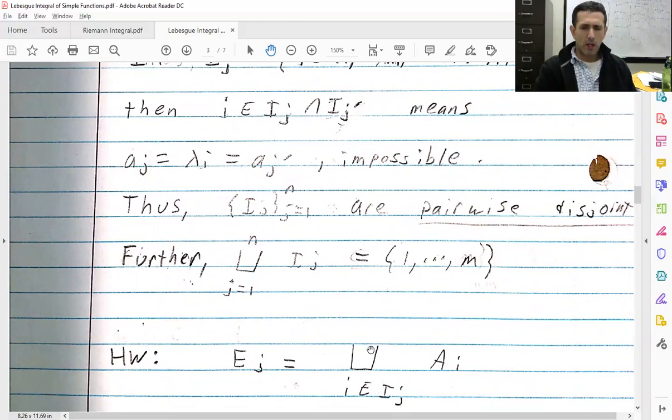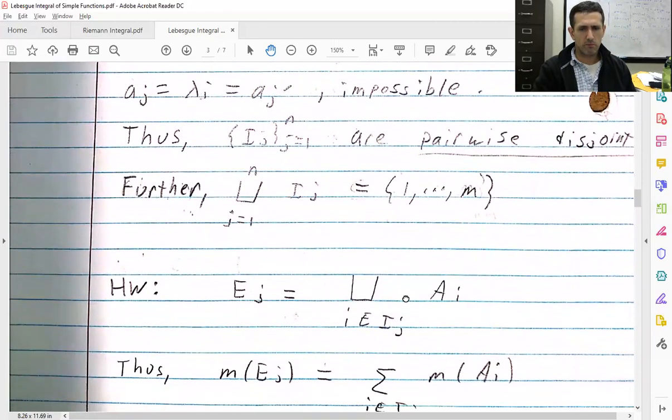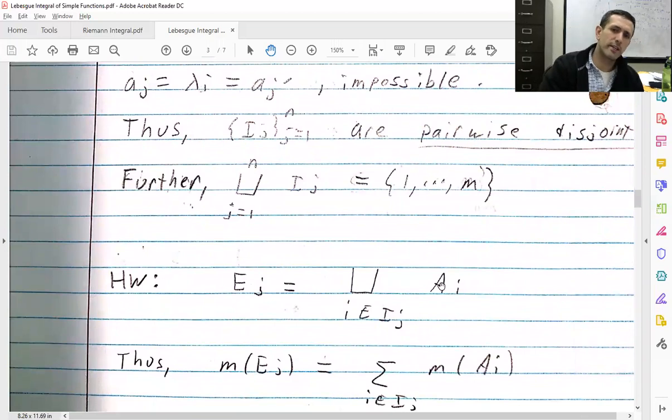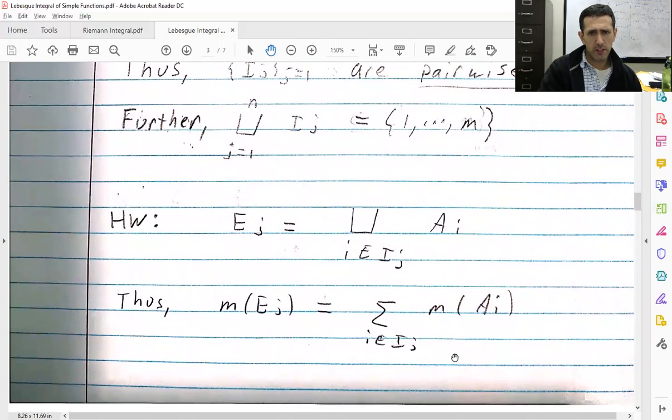If this is true, then remember the assumption is that the A_i's are measurable. They're disjoint. So using finite additivity, we have that the measure of E_j is going to be the sum of this measure. So let's put this to good use.